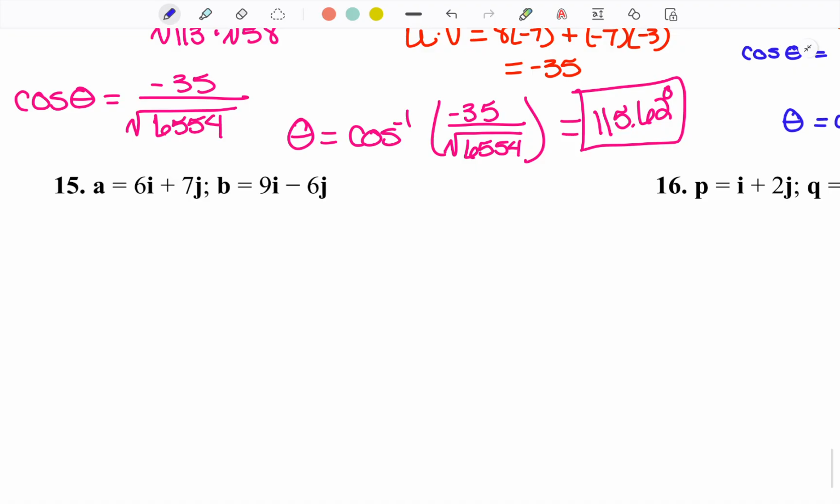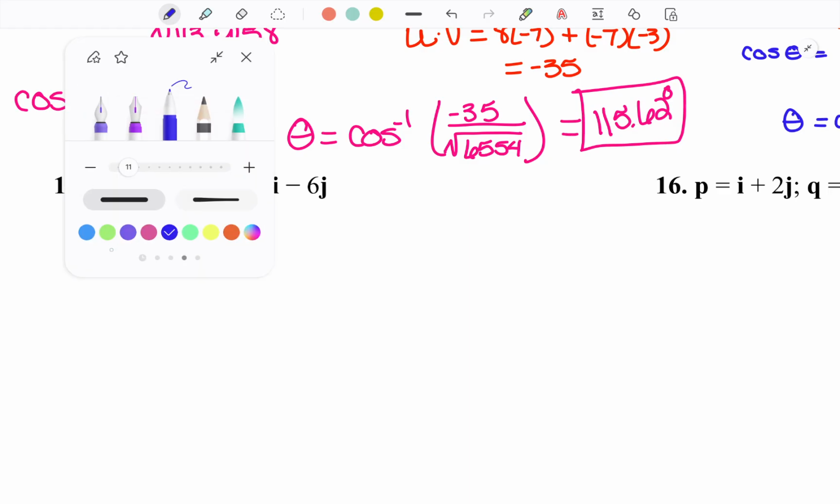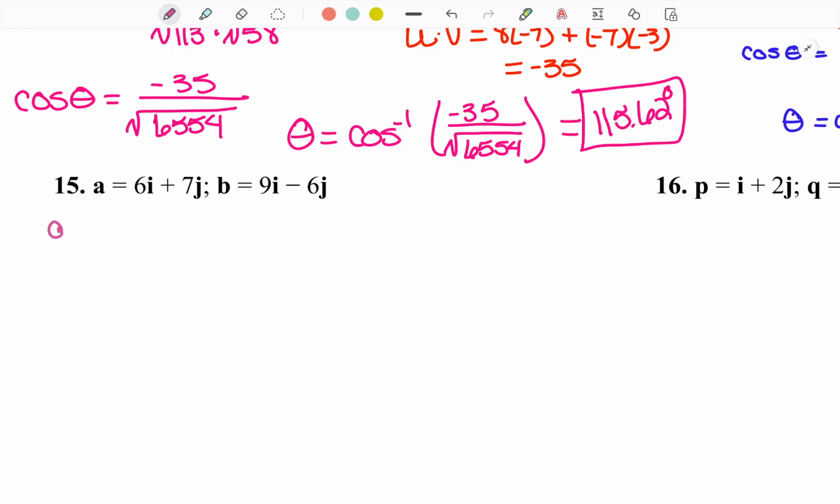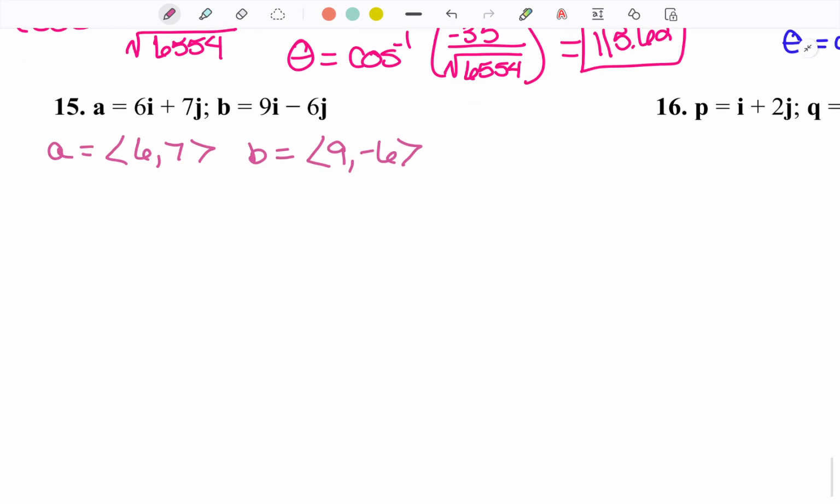All right, so on 15, this is a linear combination. So I'm going to put it into component form really quick. So we're going to have a equals <6, 7>, b equals <9, negative 6>. So we are going to go ahead and find that dot product.